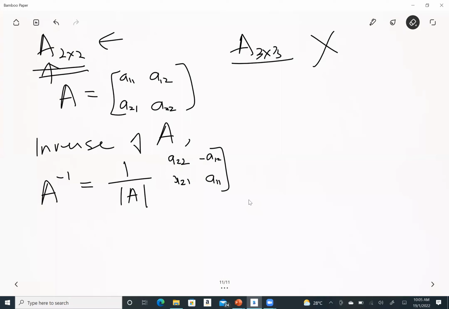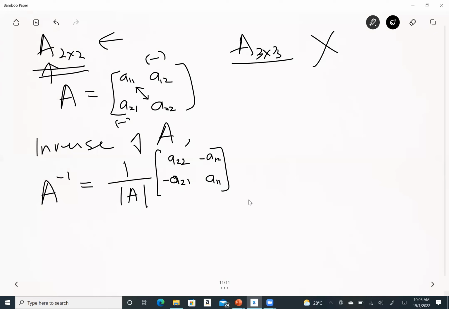You put a negative sign on the other elements. So that's how you get the inverse of a 2 by 2. You just switch A11 and A22, and the others you put a negative sign. And that's it.